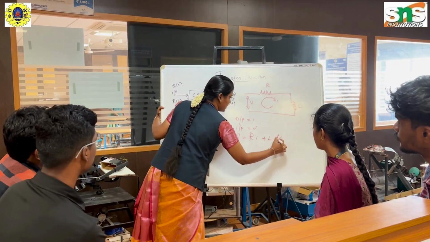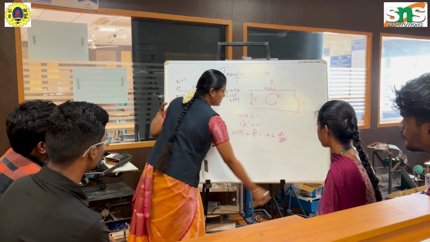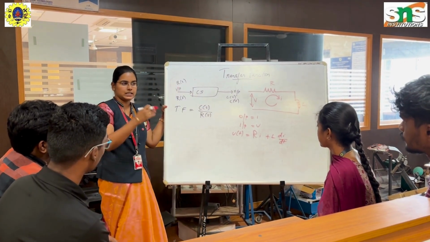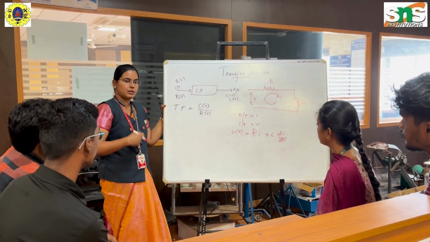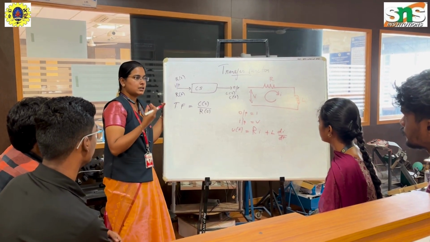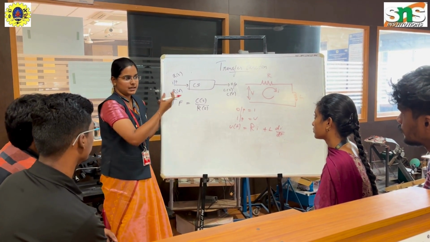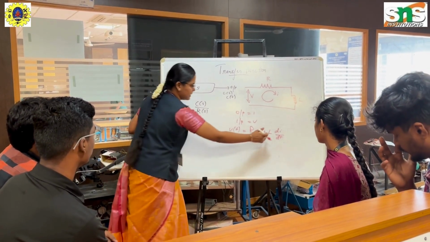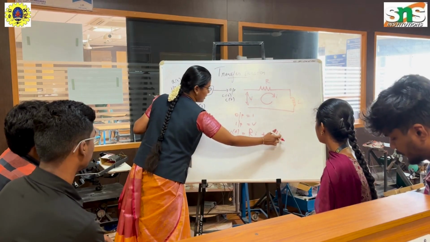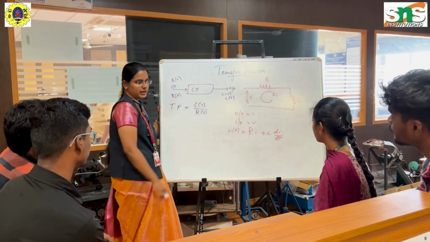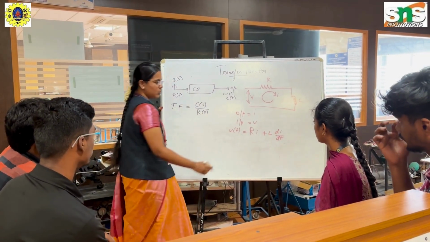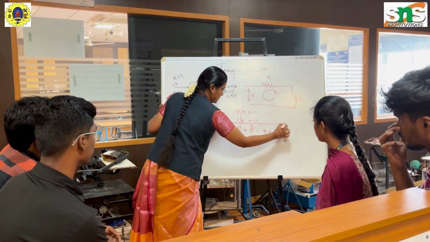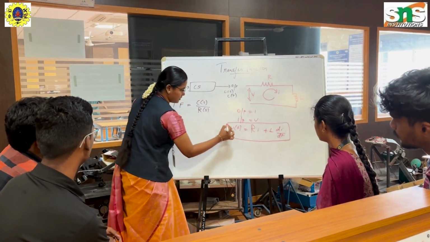At the starting point, the current through the inductor will be 0, but for the time being there will be a small amount of current stored in the inductor. So the current through the inductor will be varying with respect to time, so we write di by dt. This is the mathematical equation of this particular circuit, right?